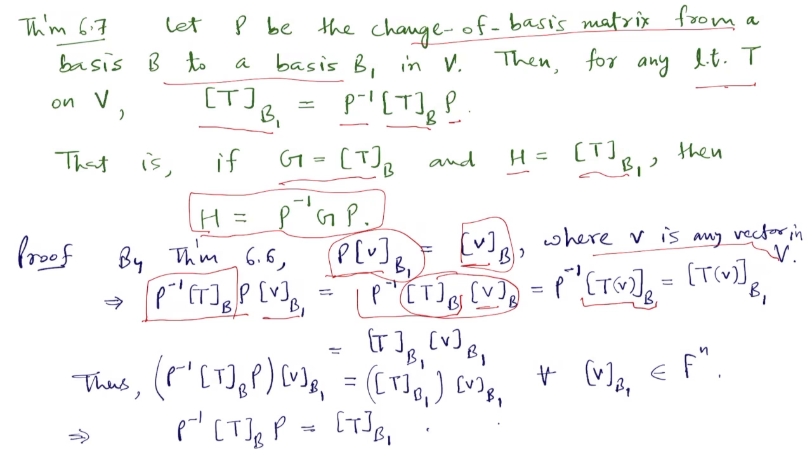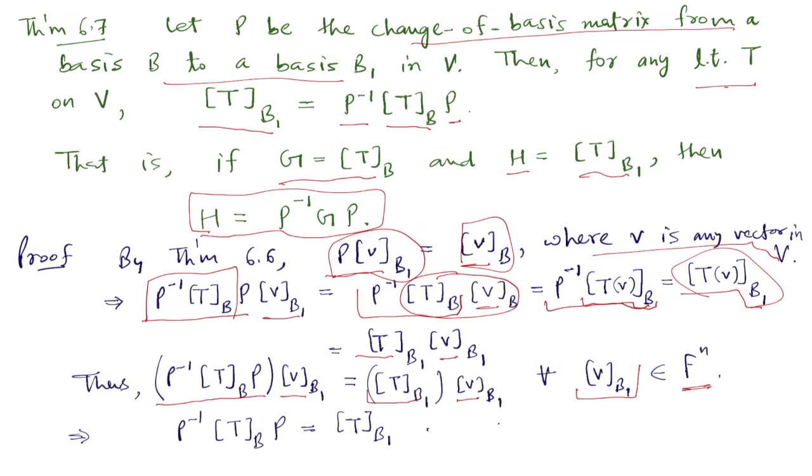But again by theorem 6.6, P inverse times the matrix of T(V) with respect to B is equal to the matrix of T(V) with respect to B1. But that we can again write down as TB1 VB1. So P inverse TB P times VB1 is equal to TB1 times VB1, and this is true for all VB1 in Fn.